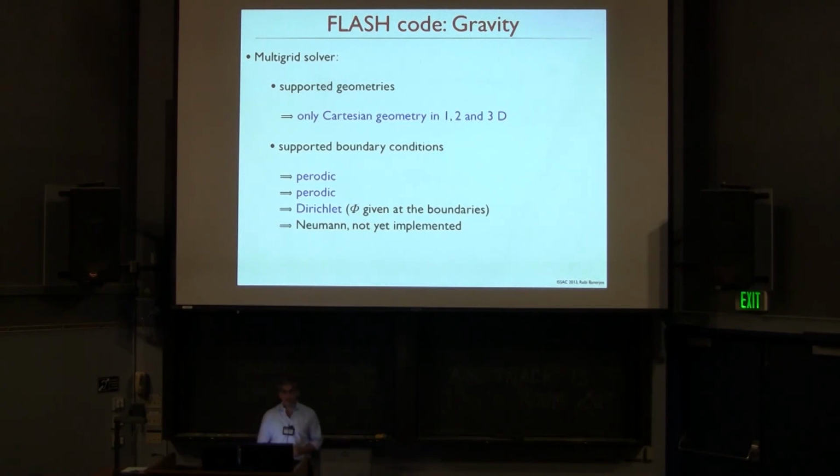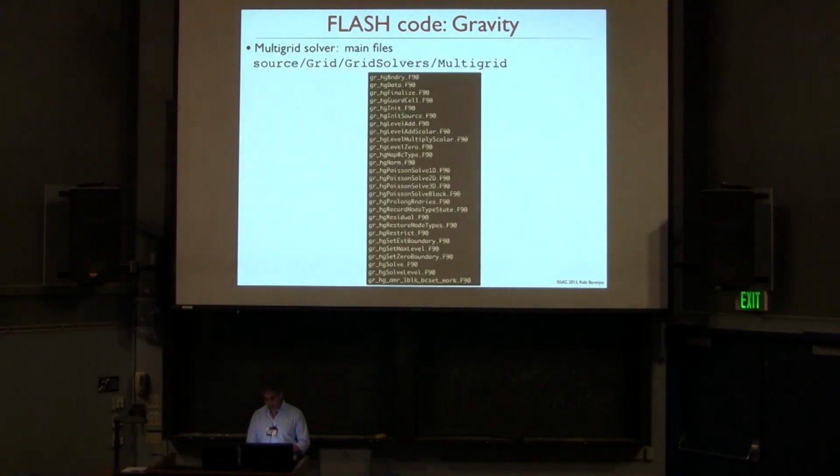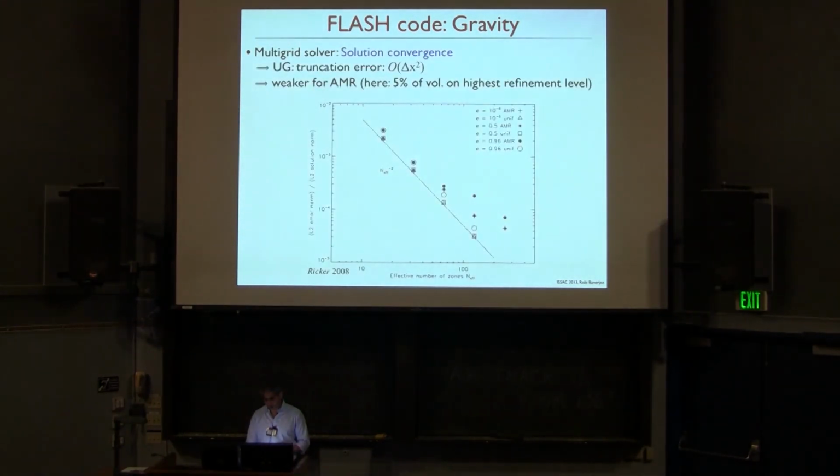And as I said, the Neumann boundary condition, where you use the normal derivative of your given potential at the boundaries, is not yet implemented, but it shouldn't be a big issue. So these are the files again.